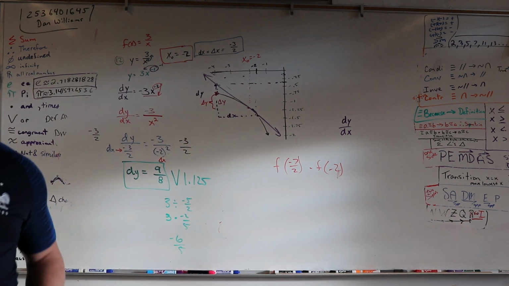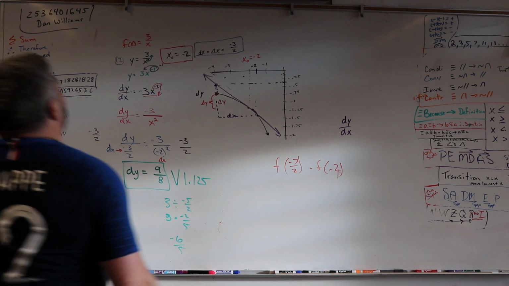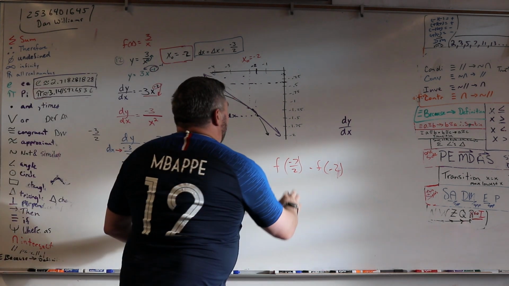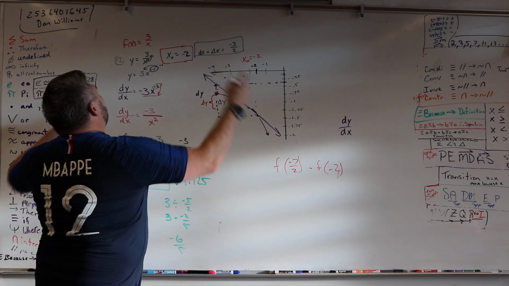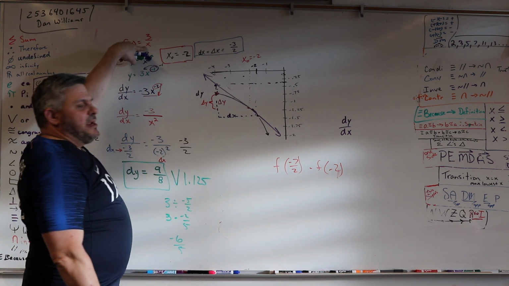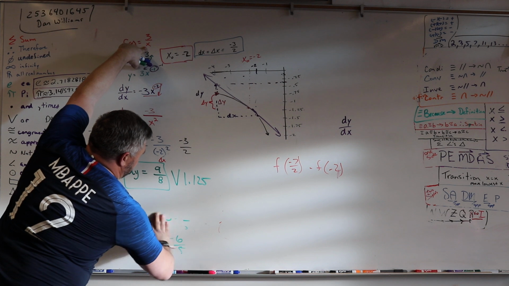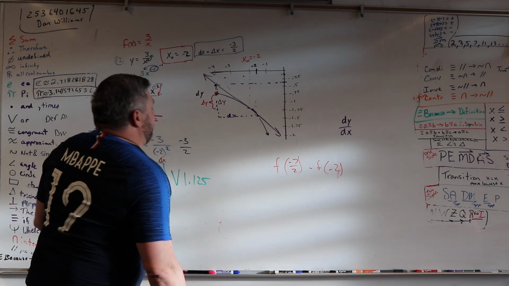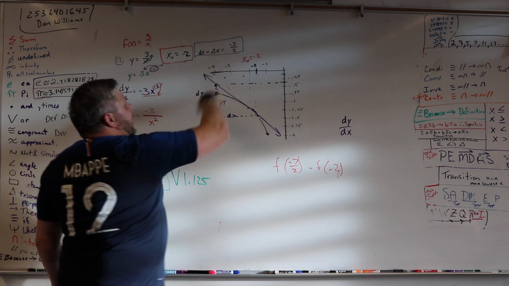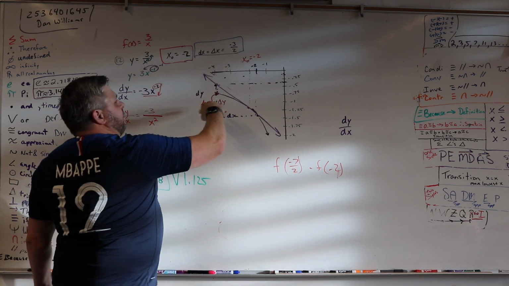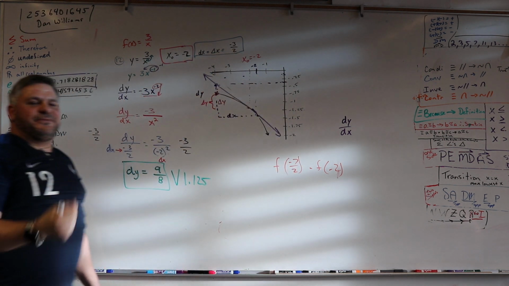So it's really not as hard as it looks if you think about just the problem. So why are we getting 7 over 2? Because I'm plugging it back into this equation, right? So when I think about it, I'm subtracting 3 halves from negative 2.